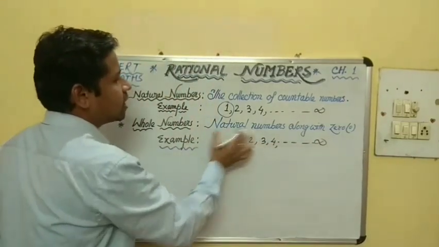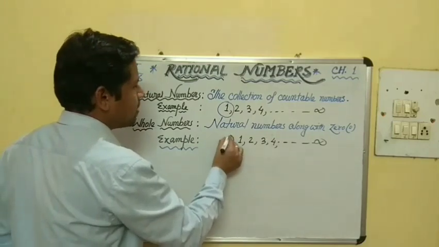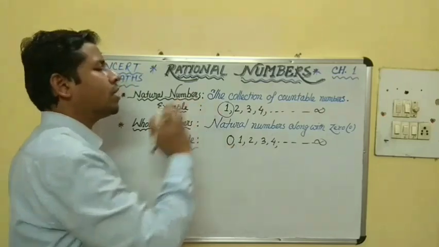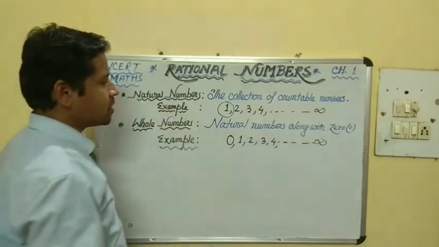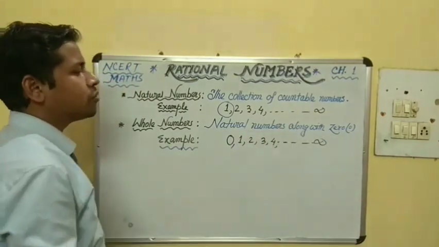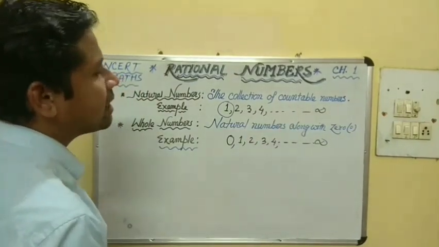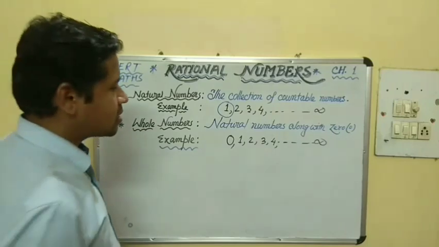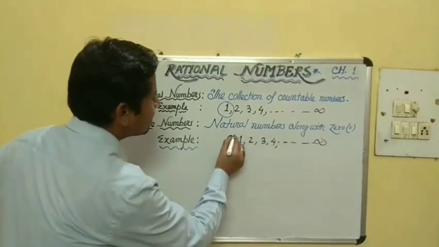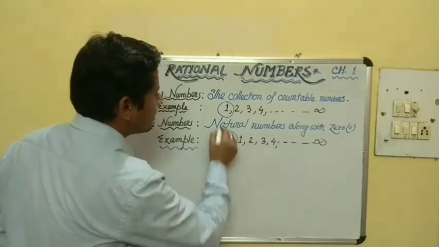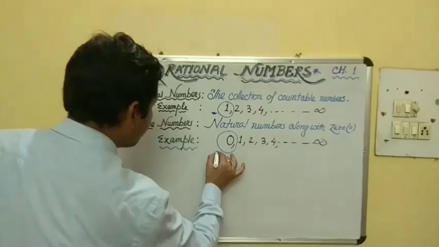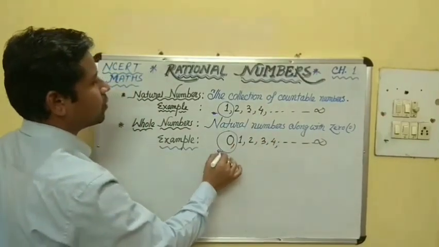But if you include 0 with them, then the collection of these numbers is said to be the whole numbers. That means the smallest whole number is 0, and we don't know what the greatest whole number is. The smallest natural number is 1 and the smallest whole number is 0.